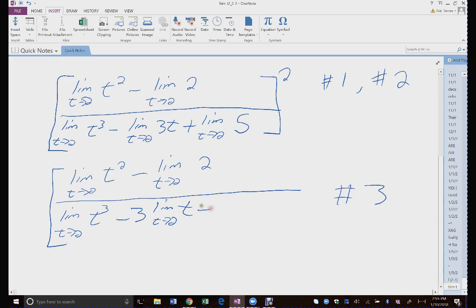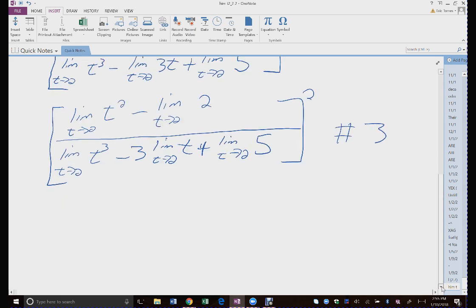And continue writing, plus the limit as t goes to 2 of 5. Don't forget the bracket, and it's still squared. Now, I'm going to apply several limit laws. Let's look at this first one.